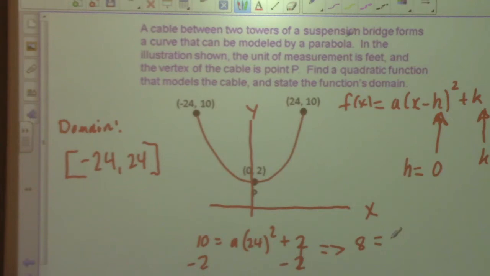Does anybody have 24 squared? It's 500 something? 576? 576 A. Then what?